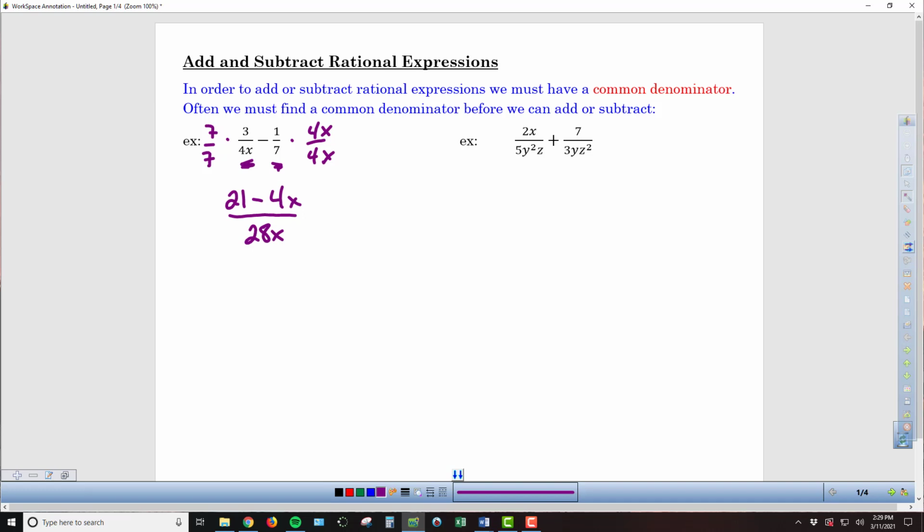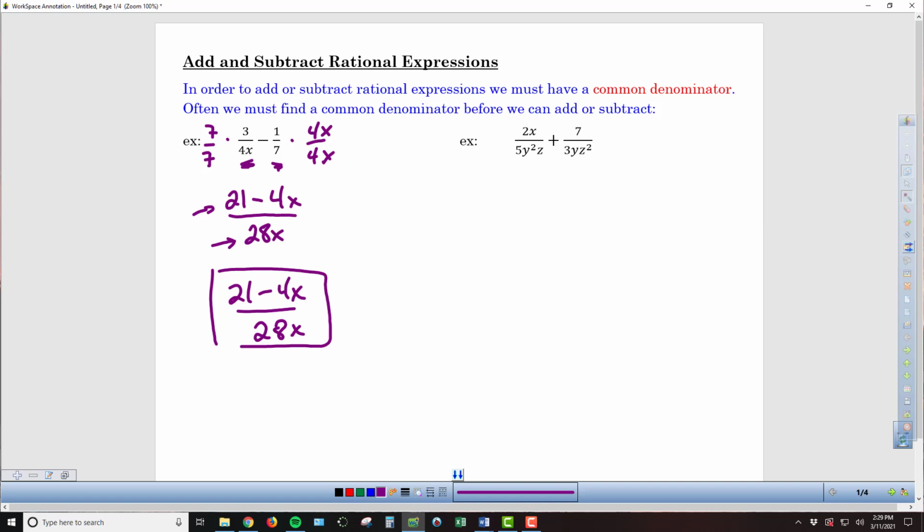And so at this point, we might be tempted to reduce the 21 and the 28, for example, or maybe the x's between the 4x and the 28x. But recall our rule still applies when reducing rational expressions. You can't reduce things that are connected by addition or subtraction. So in this case, this 21 minus 4x over 28x is as good as we can do.